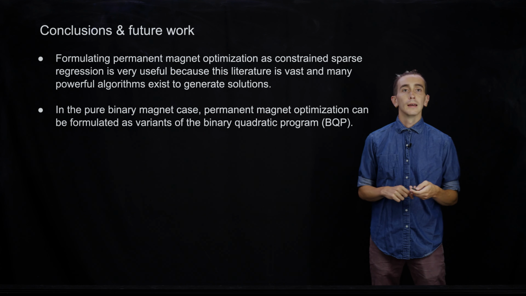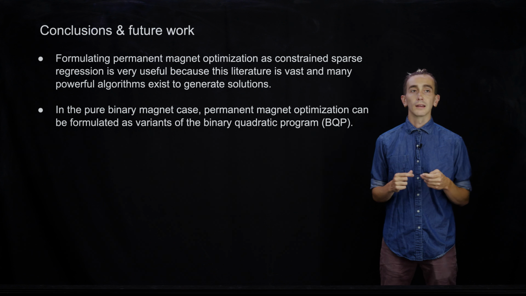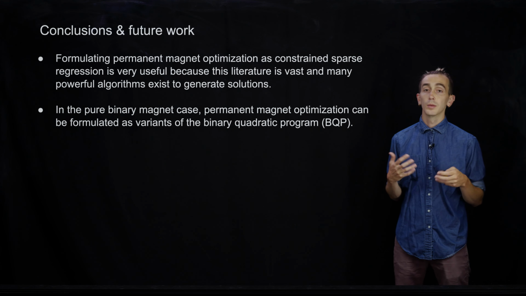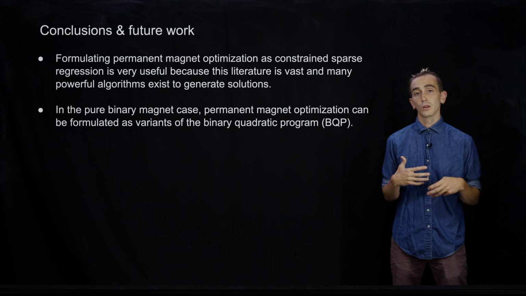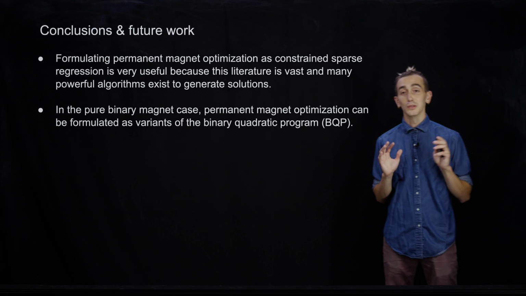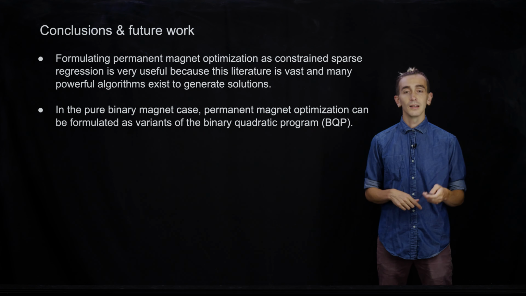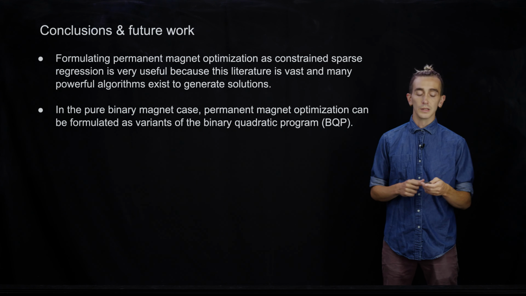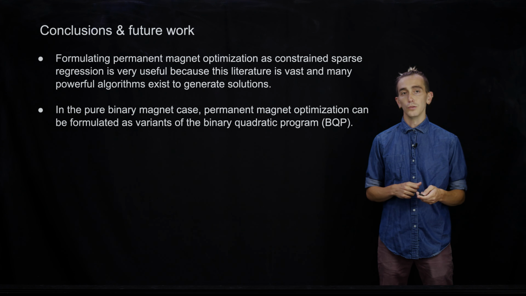In the pure binary magnet case, we showed in our papers that this optimization problem can be formulated as a variant of what's called the binary quadratic program, the BQP. This is also really nice because the BQP has been extensively studied, and so this gives us a really nice roadmap for continued improvements in algorithm design in the future.